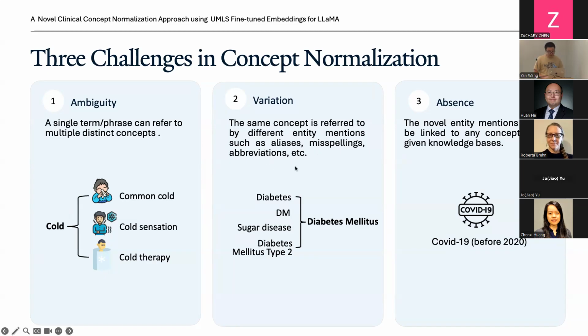For example, terms like diabetes, DM, sugar disease, and diabetes mellitus type 2 are all represented by the same condition concept. Additionally, absence occurs when novel entity mentions cannot be linked to any concept in the available knowledge base. For example, before 2020, no one had any idea what COVID-19 was.